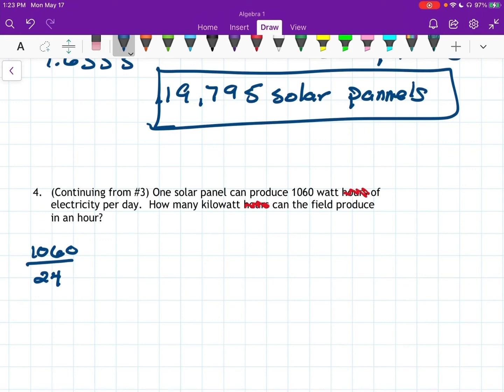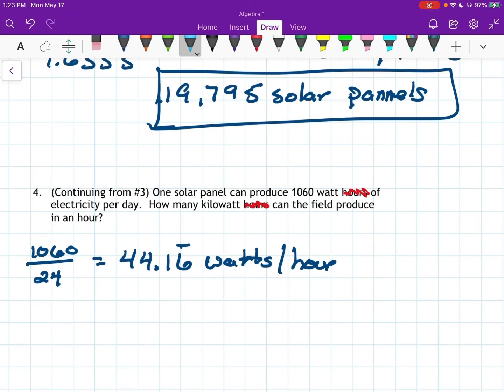So 1060 divided by 24, that gives me 444.16 repeating, right? So this is watts per hour. Now, we could also convert these watts into kilowatts.